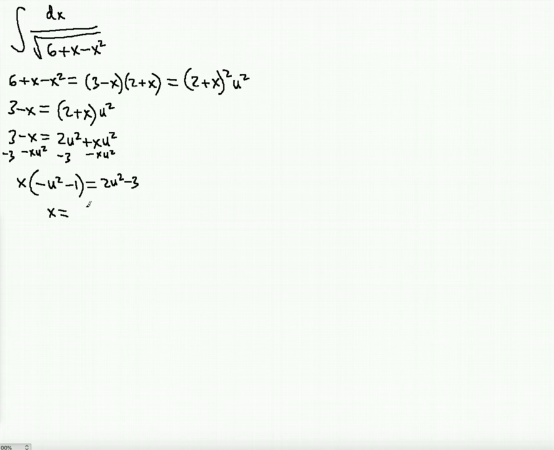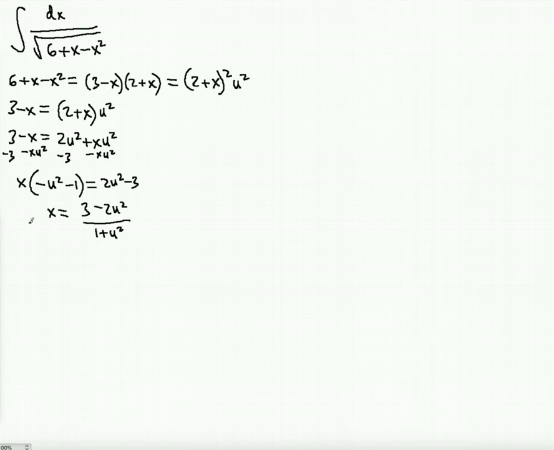It will give us 3 minus 2u squared over 1 plus u squared. Multiply both sides by negative 1, you get this for the right side, and then divide by the resulting left part, which is 1 plus u squared. So x is in terms of u now.